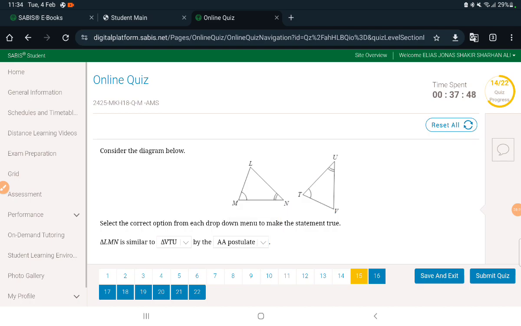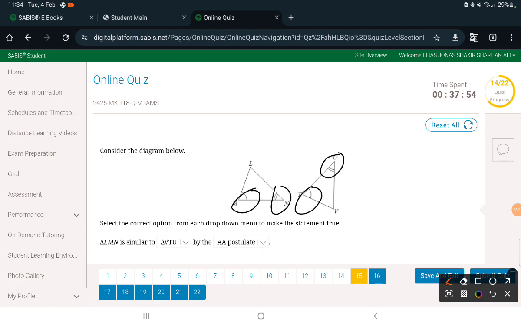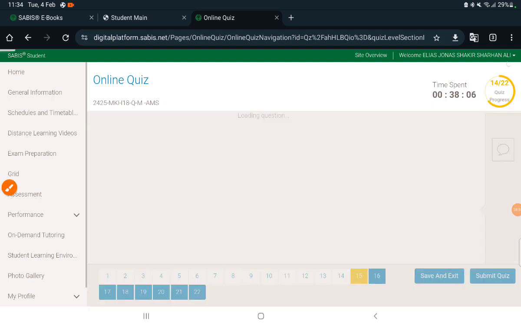AA postulate states that. And they literally just drew the 2 lines over the 2 angles. What do you think these lines are? They basically tell you there are 2 angles here and 2 angles here. So AA stands for angle 1 and angle 2. So AA postulate.